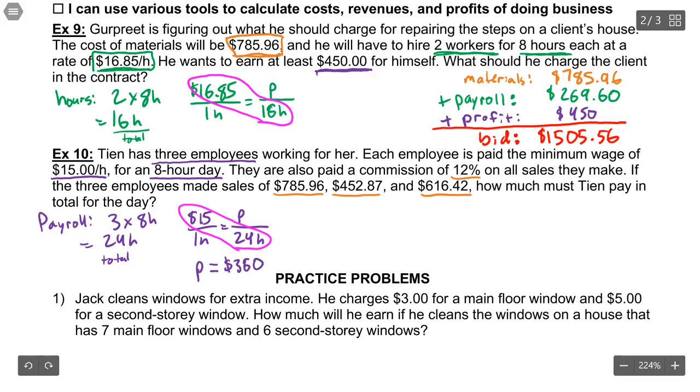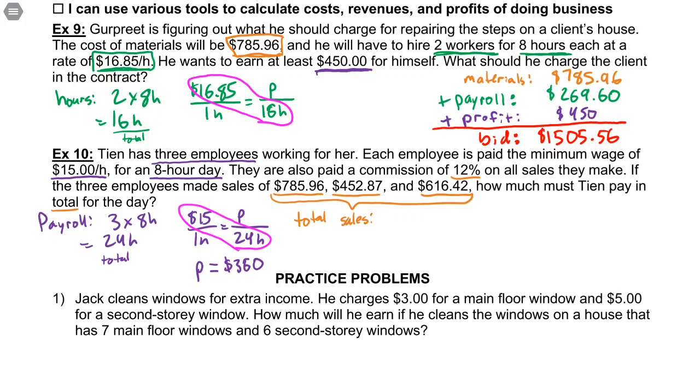Now for the commission, the long way would be to solve each of those 3 commission questions separately. But we don't have to. It's just asking for her total. So let's just turn this into a total sales by adding those 3 together. And if you add those 3 together, it's 1855.25.